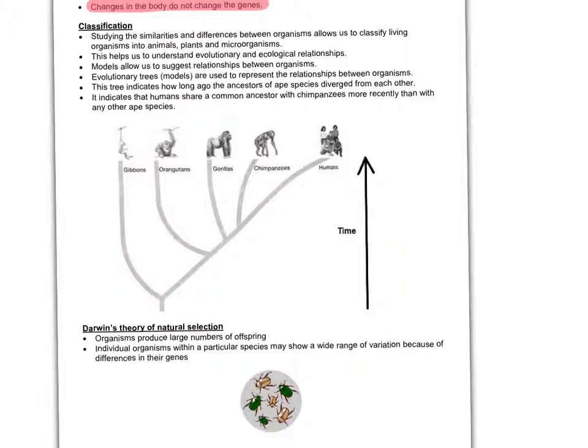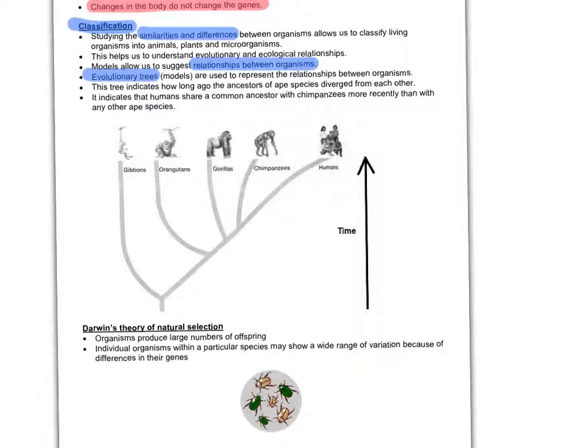Darwin developed his theory of evolution by studying classification, which is looking at the similarities and differences between living things in order to sort them into groups. These models then allowed him to suggest relationships between organisms, and something called an evolutionary tree can help us see those relationships.